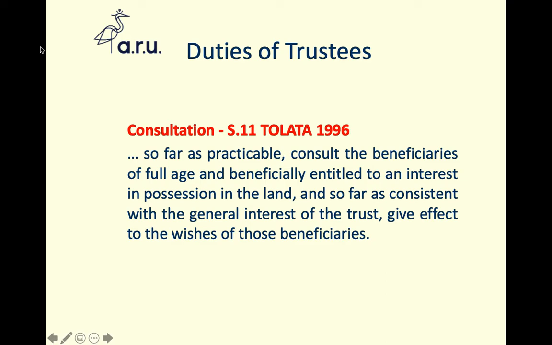The trustee doesn't have to trace them down to the ends of the earth if the beneficiary hasn't made themselves available or accessible. So there is some limitation there as to, so far as practicable, meaning it has to be possible for the trustee to be able to get hold of them in order to ask them that question. If they can't, then they'll have to behave in light of what they think is best.